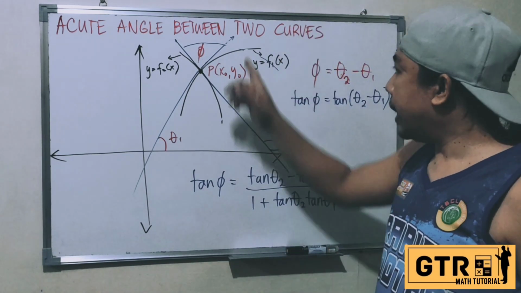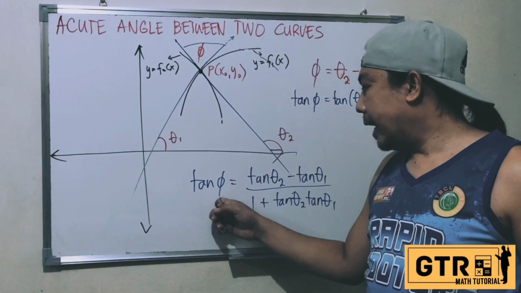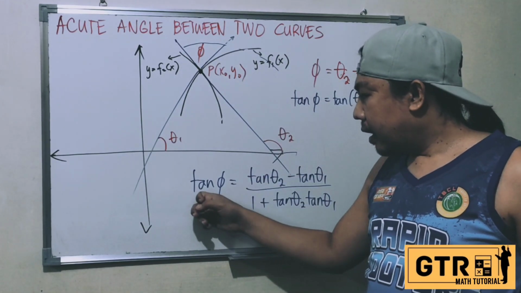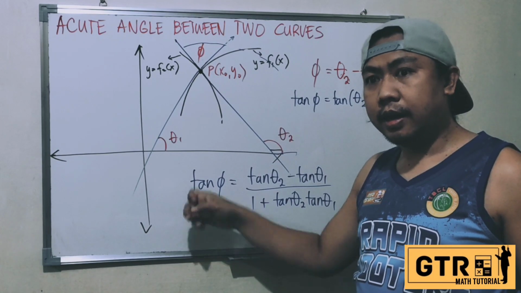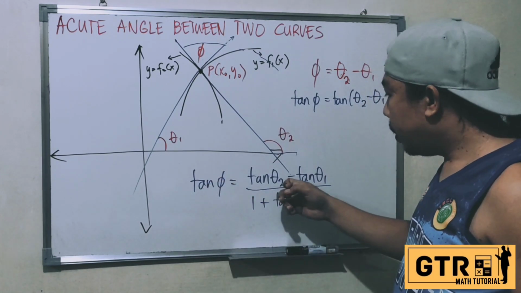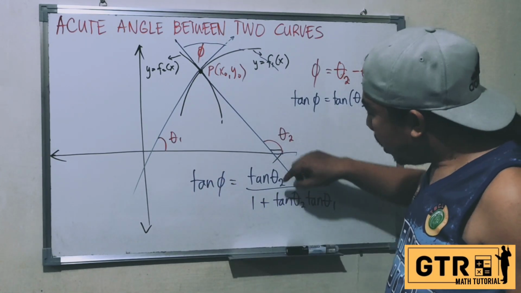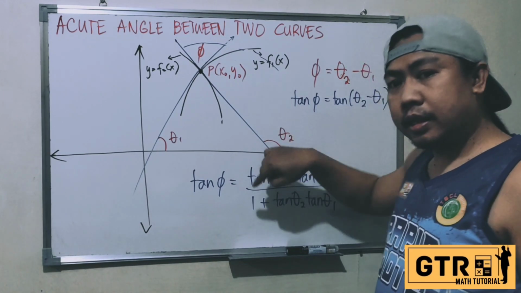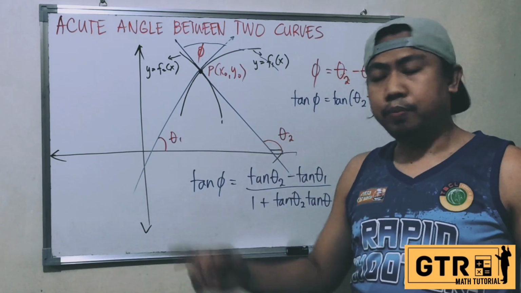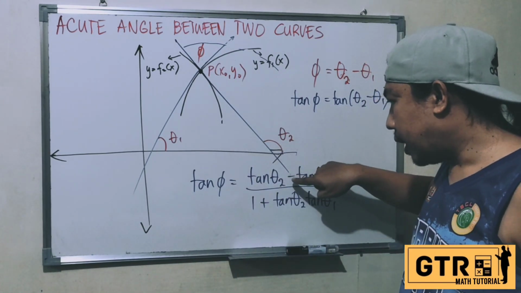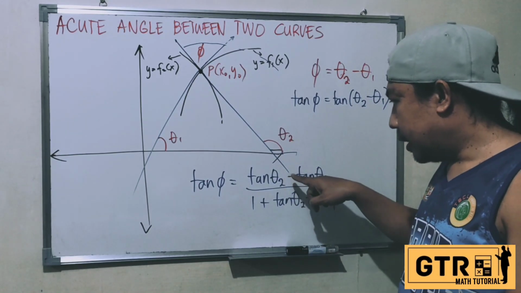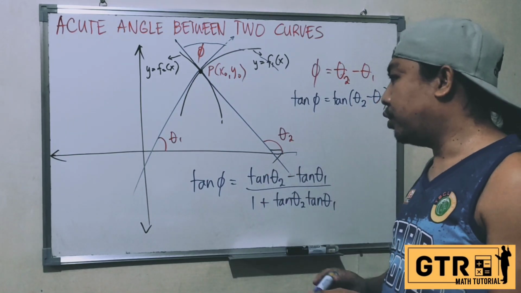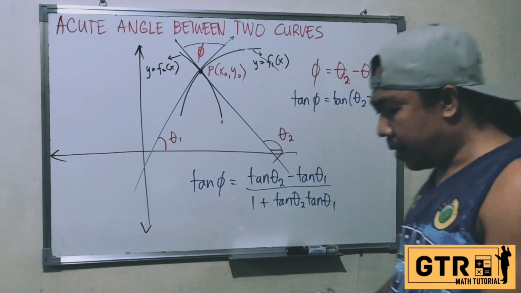To find the acute angle between the two curves, we just take the inverse of tangent, which is arctangent. We also define the tangent as the slope, so we substitute m for the tangent.